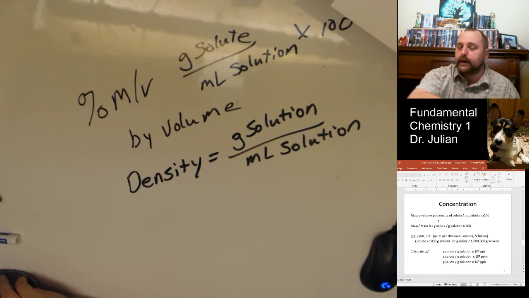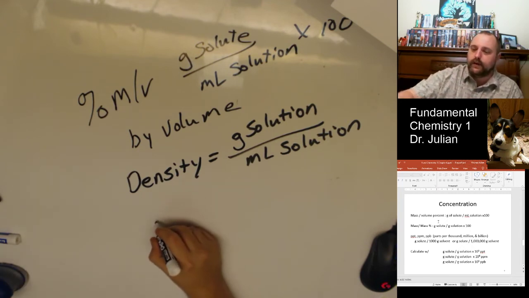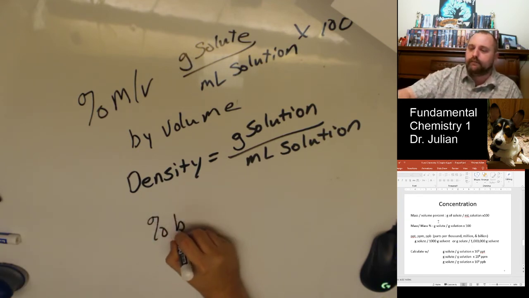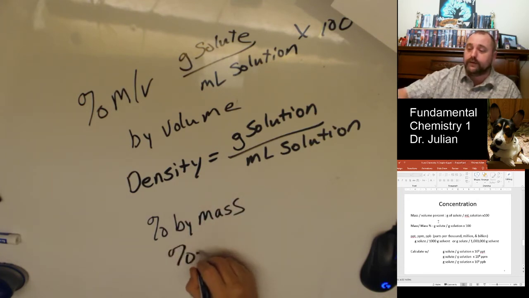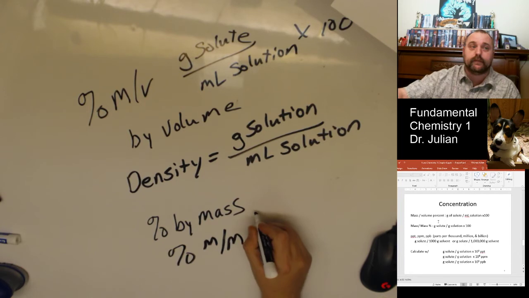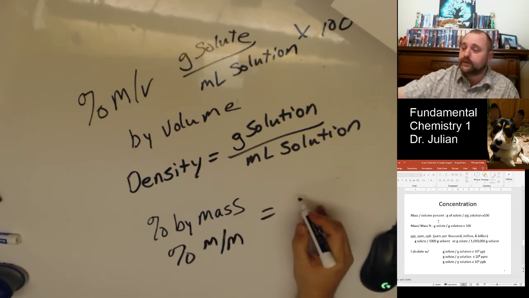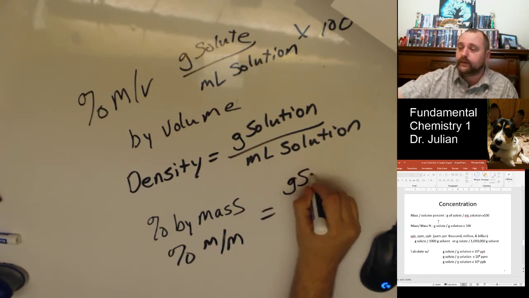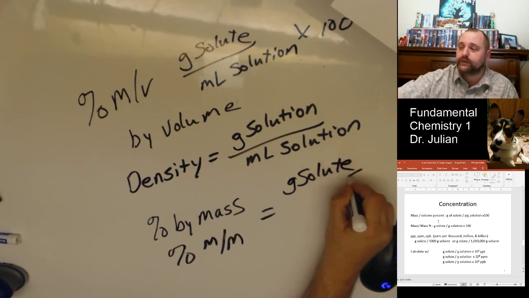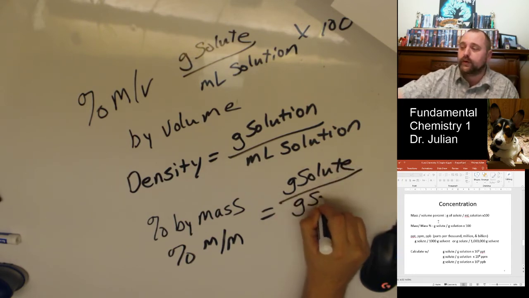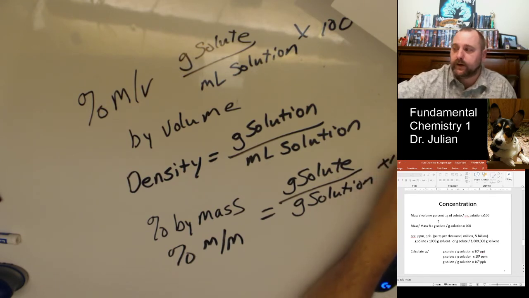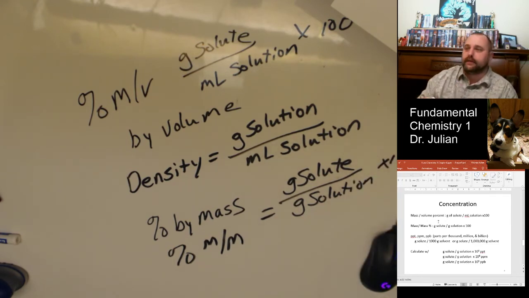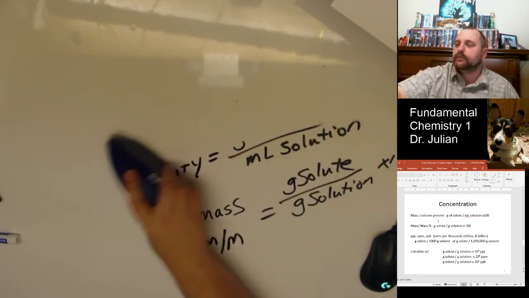Now, don't get this confused with percent by mass, or maybe they write it percent mass over mass. Both of these are equal. They're the same thing, and it's the grams of solute, what we're interested in, over the total grams of solution, and then times 100, because it says percent.